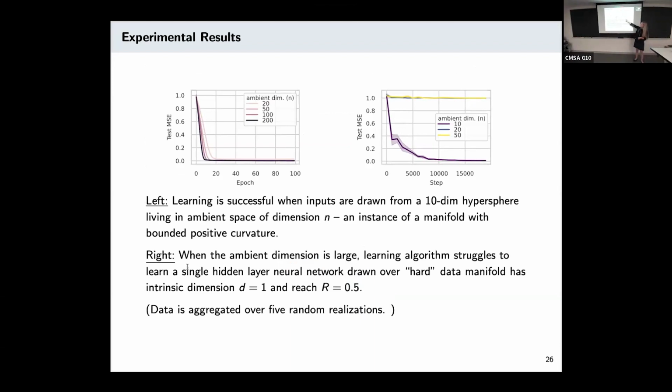And then in the hard regime, we see that in low dimensions, the neural network can actually compensate and does learn something. But as we increase the ambient dimension, it can't train anymore. So certainly, even though it's in a very controlled setting with synthetic data, those results do seem to align with what we see in theory.